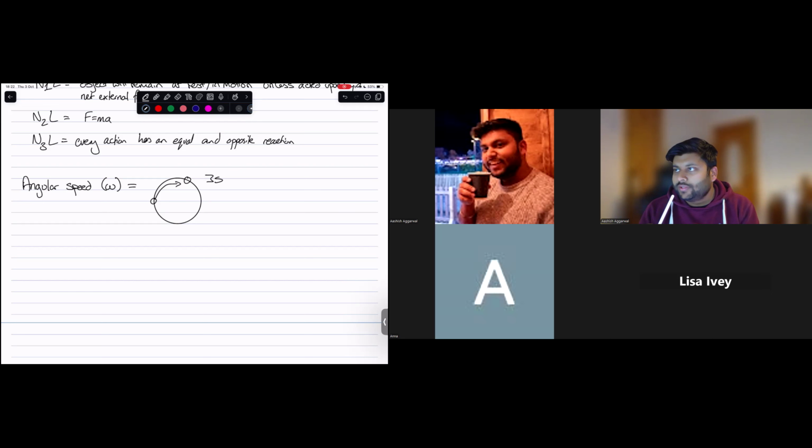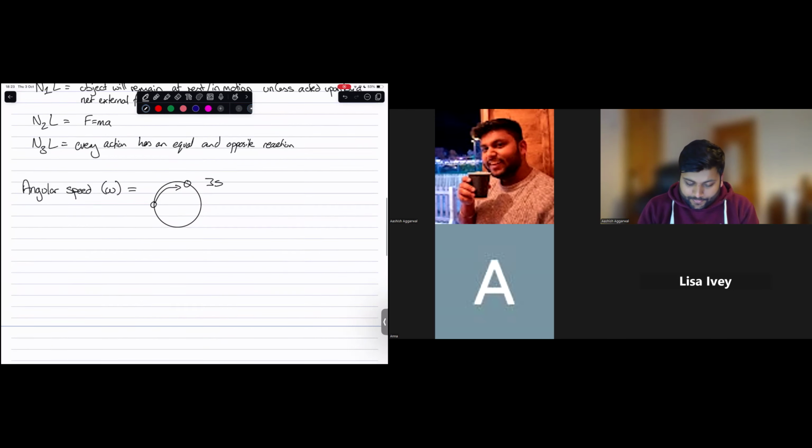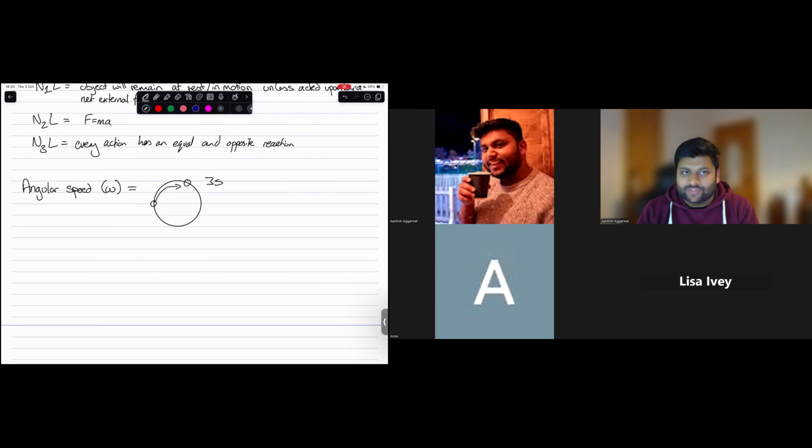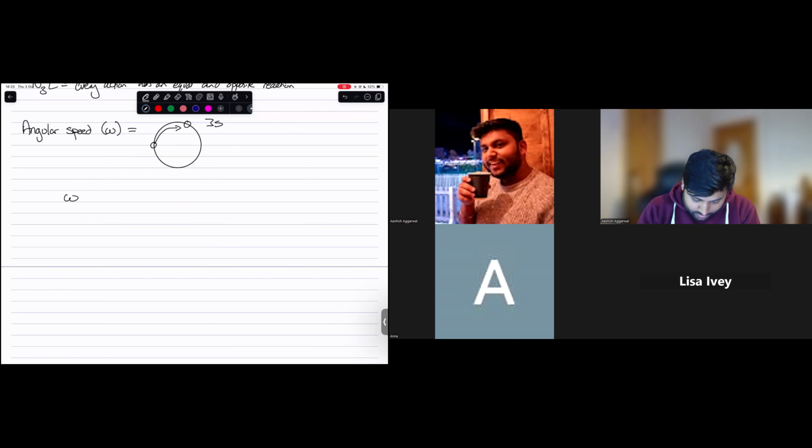The key thing with angular speed is there's only a couple of equations to worry about. The first one is the angular speed equals the velocity that this object is traveling at over the radius.